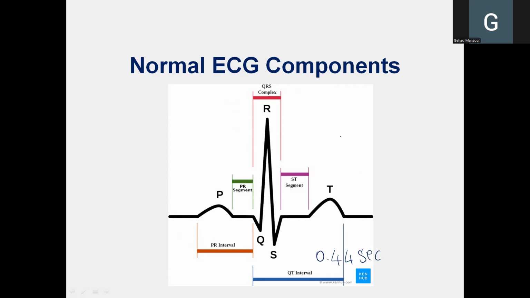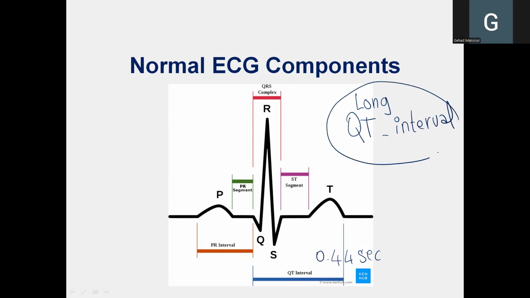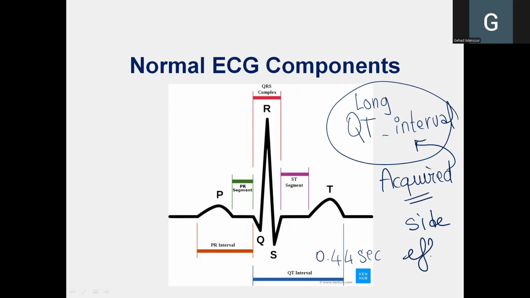Why? Because there are certain people who are born with a long QT interval. So this is a congenital disease where the individuals are born with it. But there are cases where the patient might have acquired a prolonged QT interval as a side effect of certain medications.